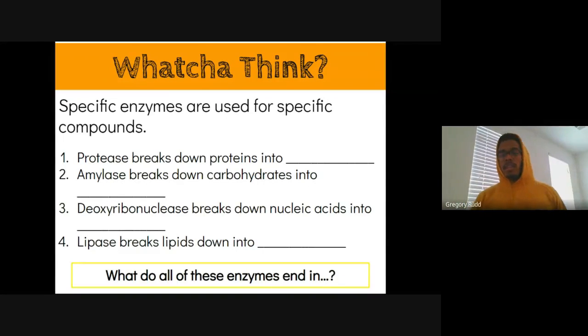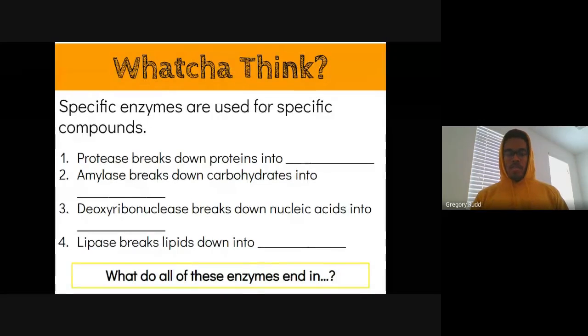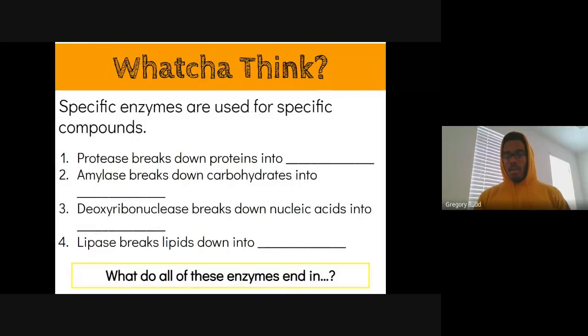So we've really got to wrap our heads around this, guys. So amino acids are the monomer of proteins. Glucose is the monomer, aka monosaccharide, of carbs. All right, so following that same logic, it says deoxyribonuclease breaks down nucleic acids into what?